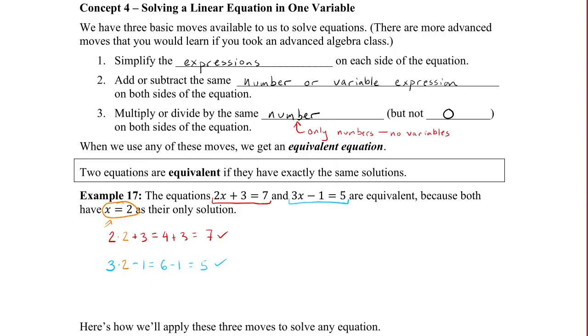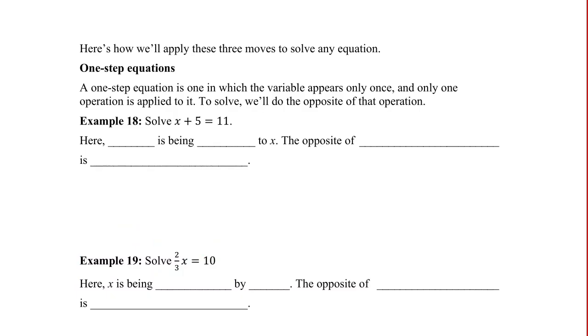So the simplest possible equations are what are called one-step equations. In a one-step equation, only one thing is happening to the variable. So in example 18, we have x plus 5 equals 11. 5 is being added to our variable x.